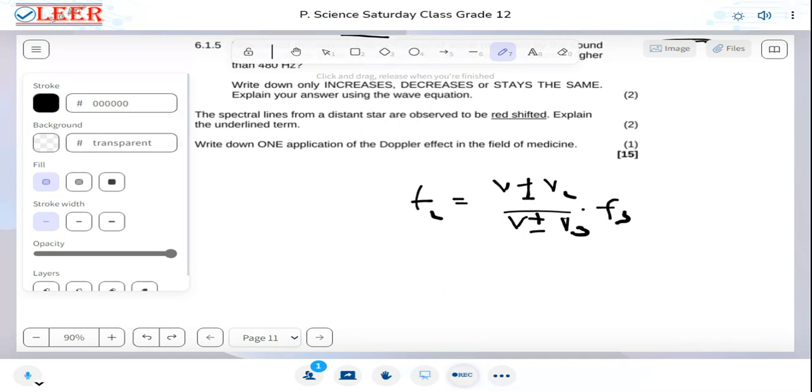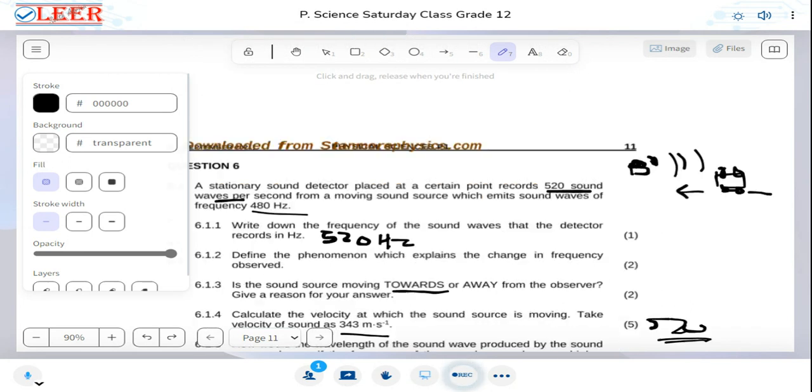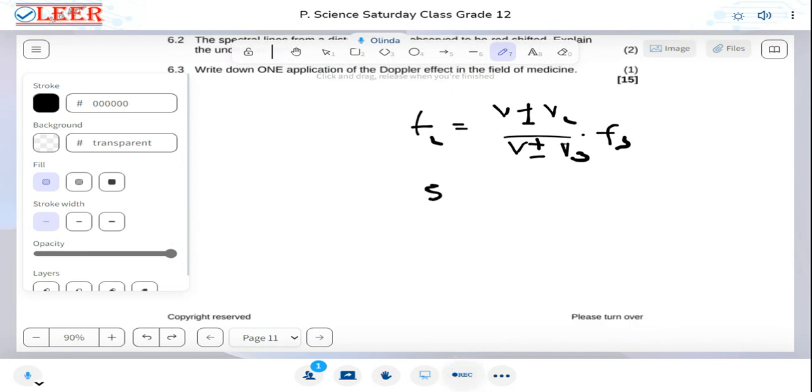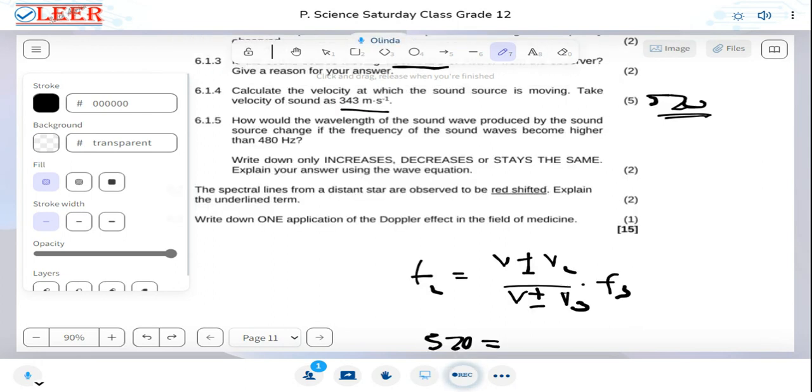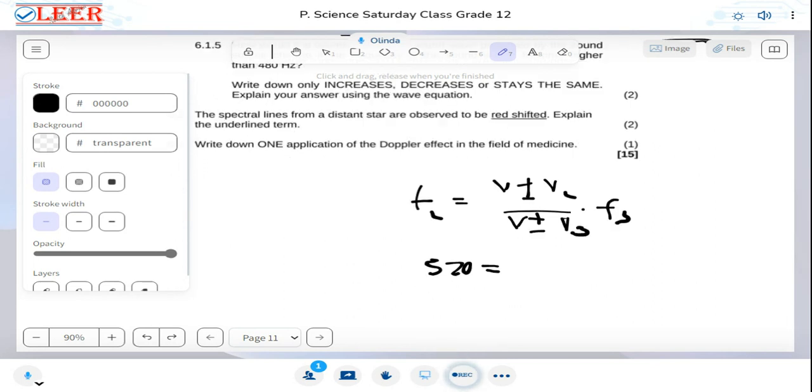The frequency of the listener is 520. We're given the velocity of sound as 343.